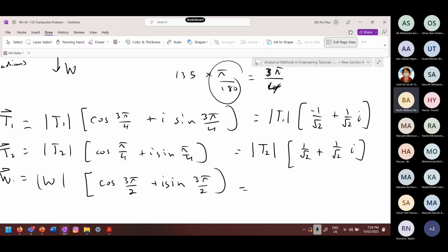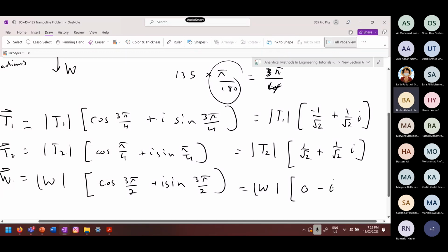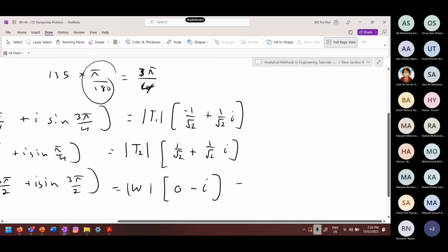As for W, which is interesting, calculate 3 pi over 2: cosine 3 pi over 2 will be 0. As for i, sine 3 pi over 2 will be negative i, or negative 1. This can be simplified: W is negative i.